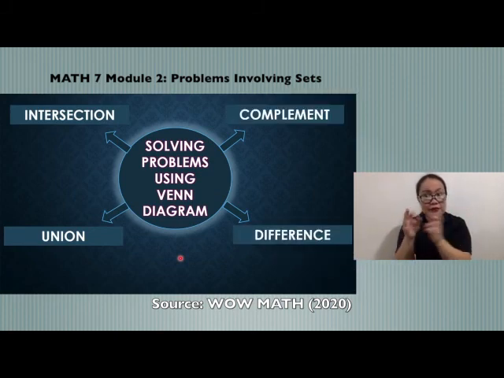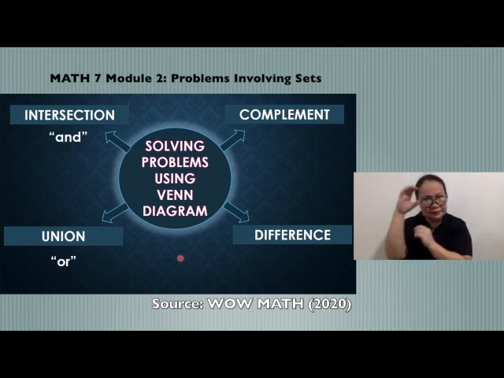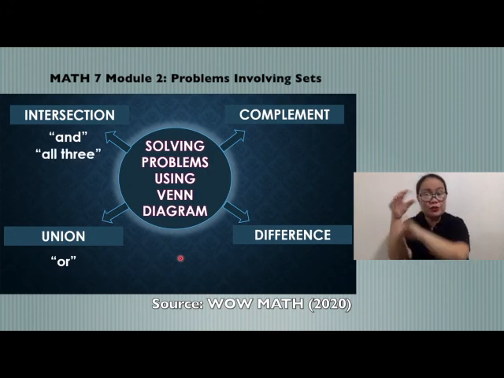So, kapag union, if there is the word or, that means the operation or yung hinahanap natin ay union. Okay? For intersection, we have the word and or all three. So, pag nakita natin o nabasa natin yung and at all three, that means intersection.